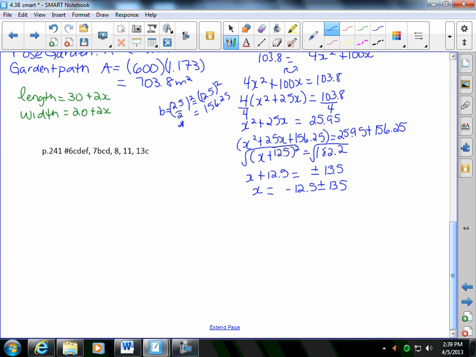And I find my two solutions. So x is equal to negative 12.5 plus 13.5, so x is equal to 1. The other one would be x is equal to negative 12.5 minus 13.5, which is negative 26, which I reject because I can't have a negative value.